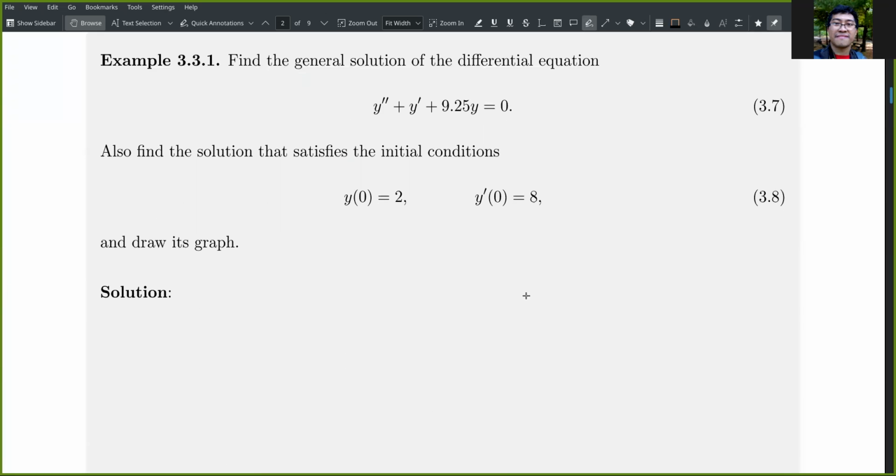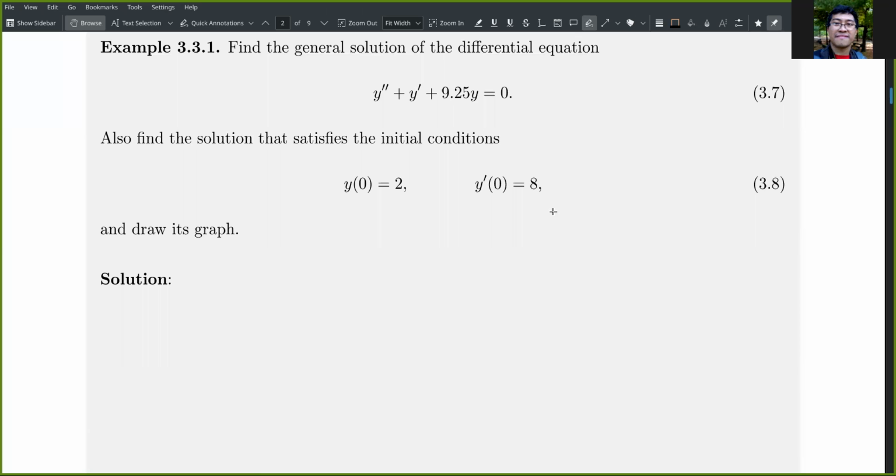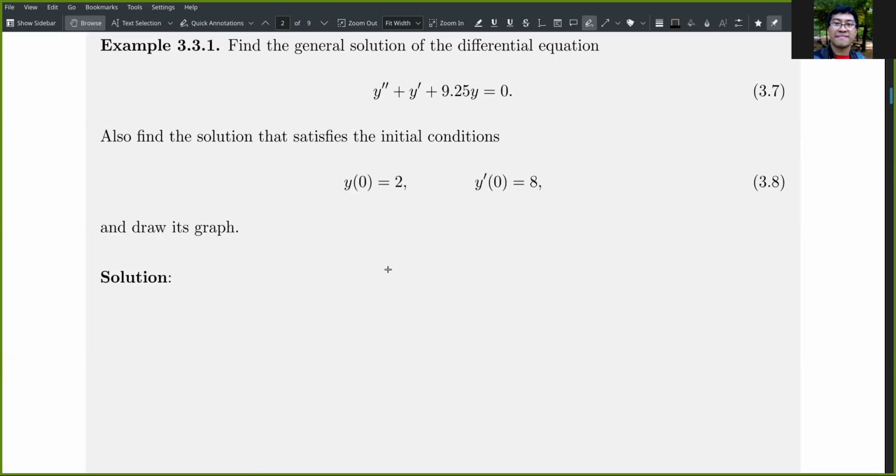For example, find the general solution of this differential equation, and also find the solution that satisfies the initial conditions given, and draw the graph. As the first part, we use the characteristic equation.